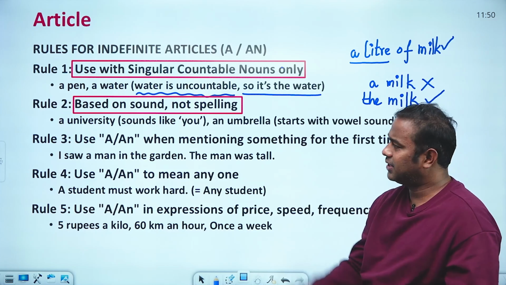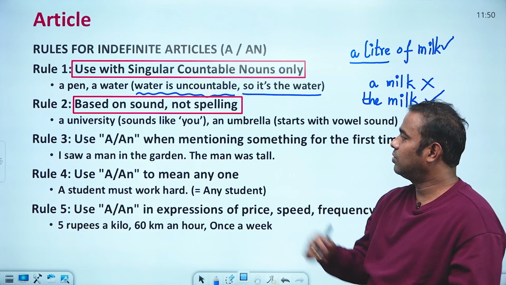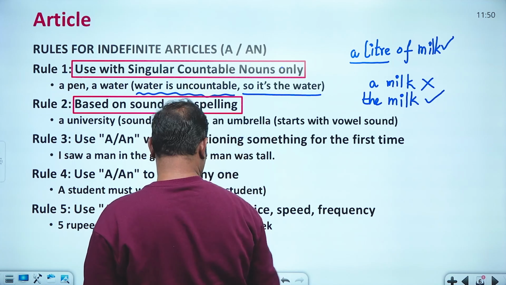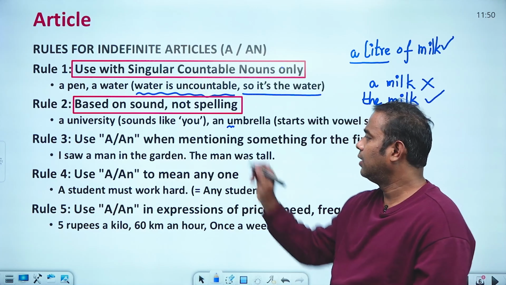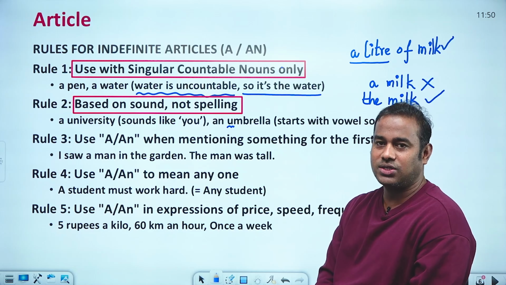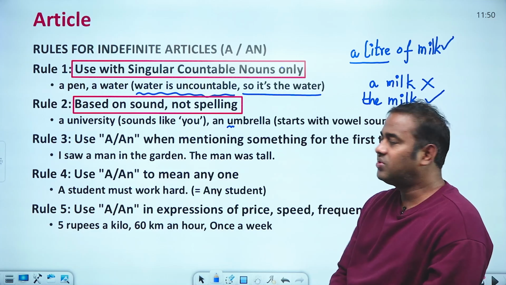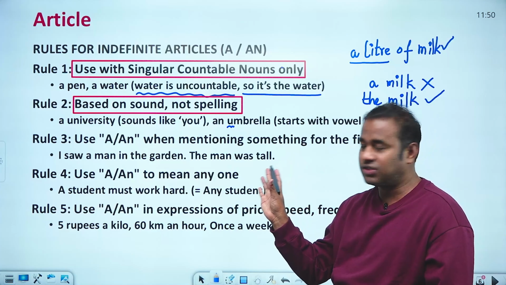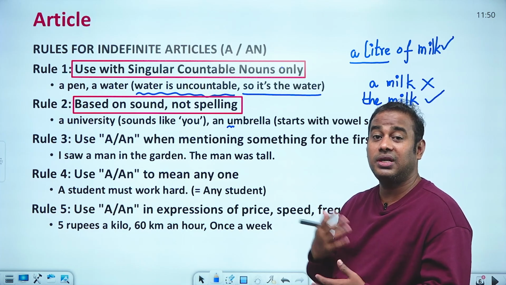A university, which we have just seen, and an umbrella: here U is a vowel sound, so you can use an. In university, Y is actually a consonant sound, so you use a. Then, when you are using it for the first time, you can use a or an, but the second time you should use a definite article.